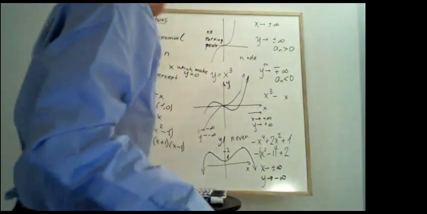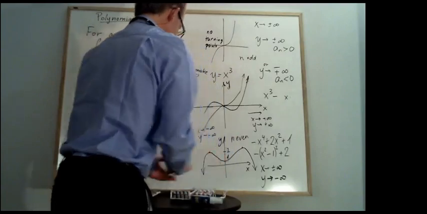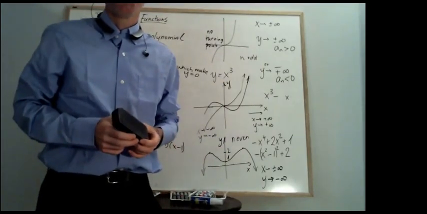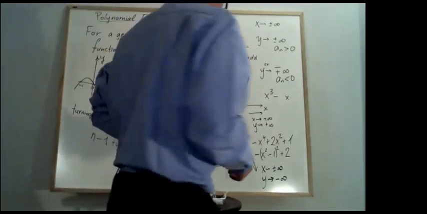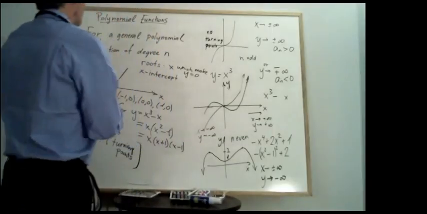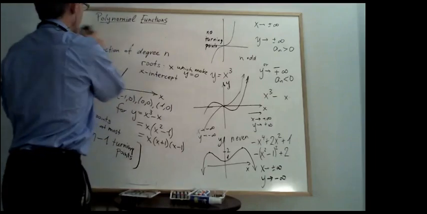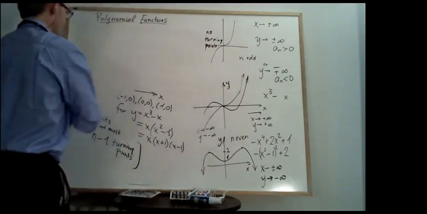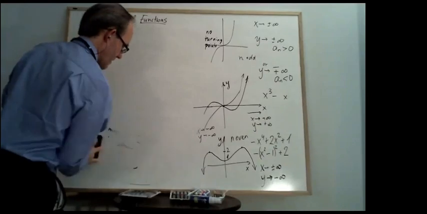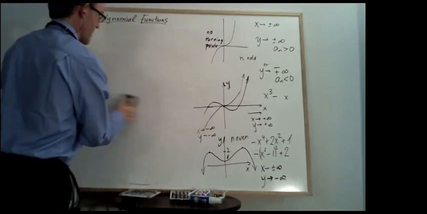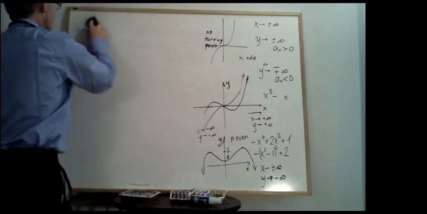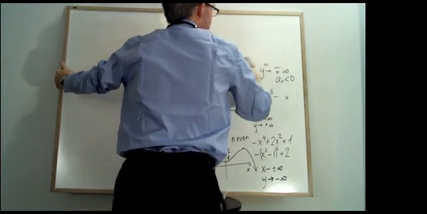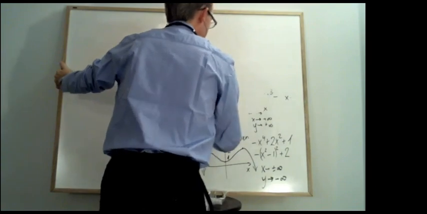Somebody mentioned that they would like to see an example of a rate of change problem, average rate of change. So this is from chapter 3 still.